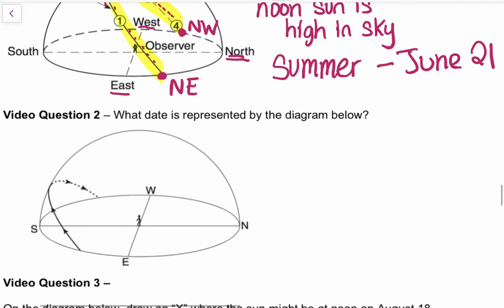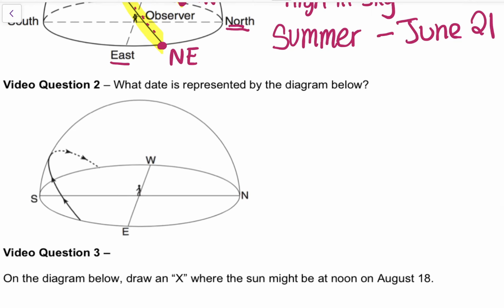Let's try another one. Let's look at diagram number 2. Again, we have a celestial sphere with an observer in the middle, and we have the path of the sun. Our sun's path is this black line right here. This diagram already had the arrows, so we could see that the sun is going up here. It reaches its highest point in the sky, and then starts to come back down.